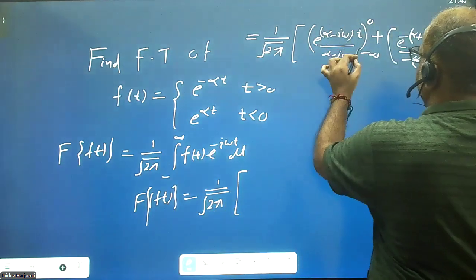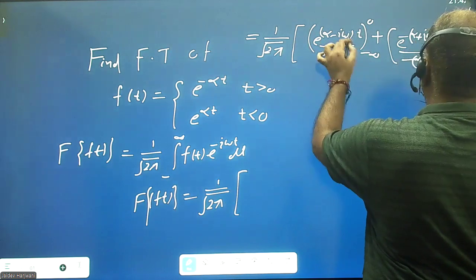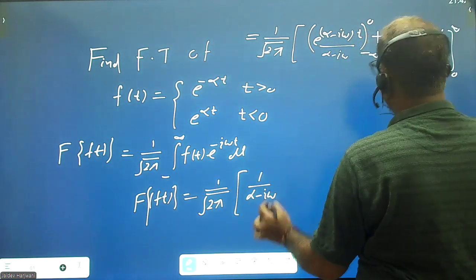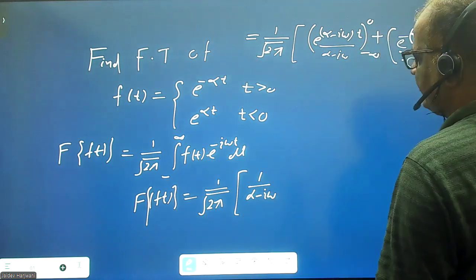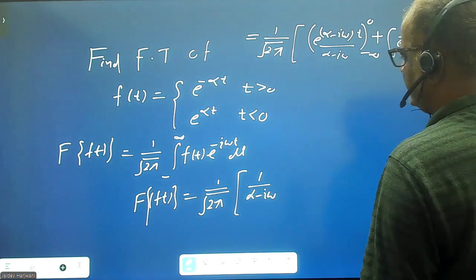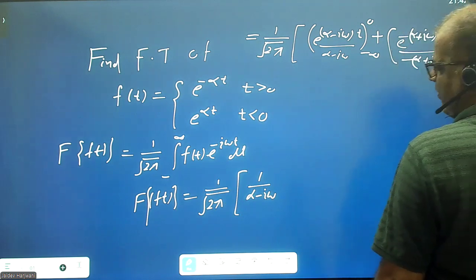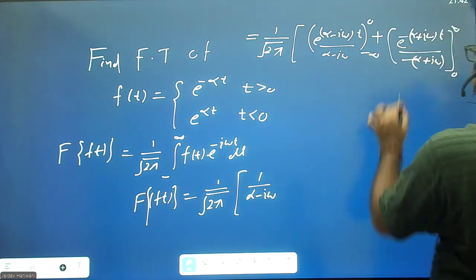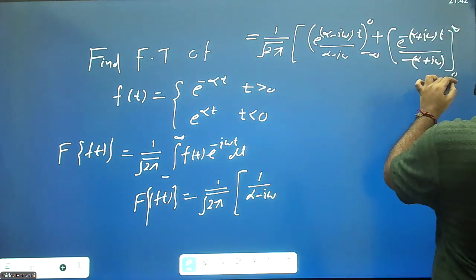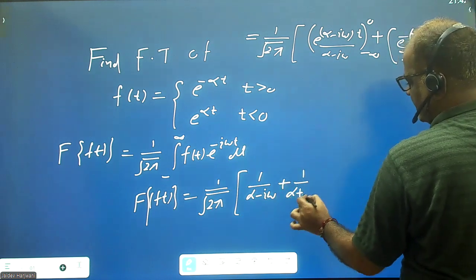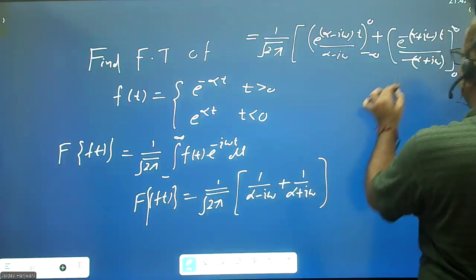If I put 0 here, and minus infinity becomes 0, you have only 1 upon alpha minus iota omega. Then you put infinity here and this becomes 0, and minus minus becomes plus. So this becomes 1 upon alpha plus iota omega, because minus is there.